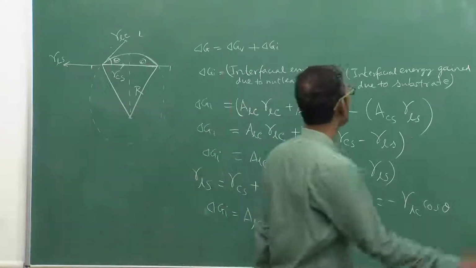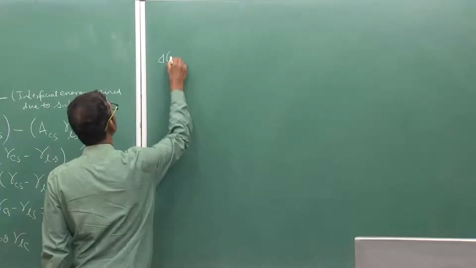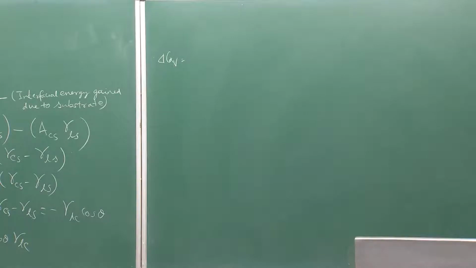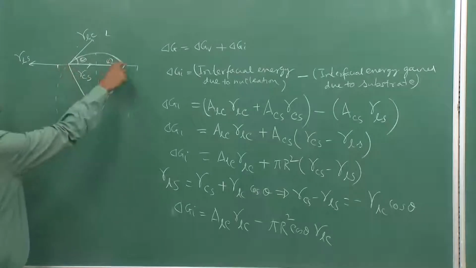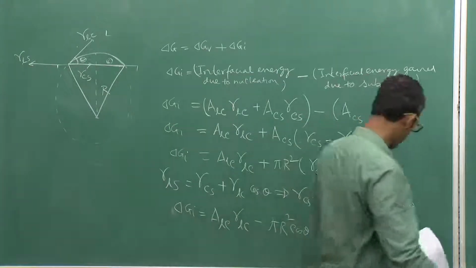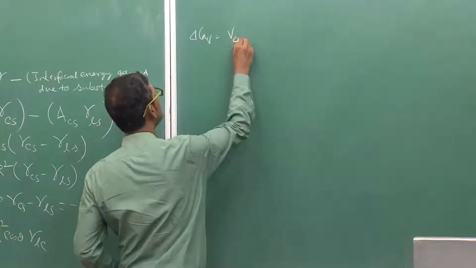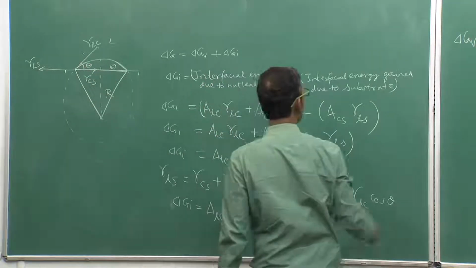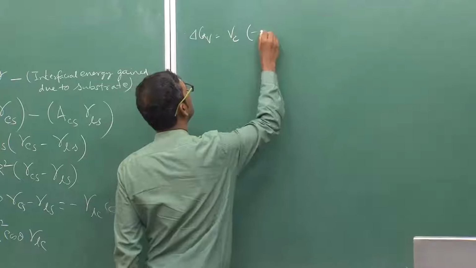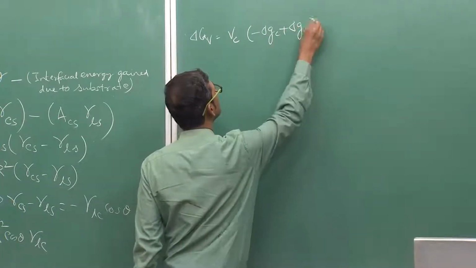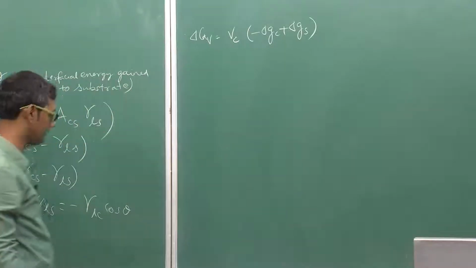Now what about the delta G_B part? Delta G_B is a volume part, so this must be the free energy multiplied by the volume of the spherical cap. That's nothing but V_c, the volume of this crystal which is formed here, multiplied by these two terms, minus chemical energy plus strain energy, that we have seen earlier.